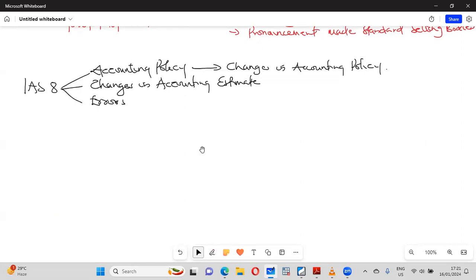We're going to look at changing accounting policies, then changes in accounting estimates, then errors. That is what I'm going to take you through now. First, let's look at changes in accounting policy.